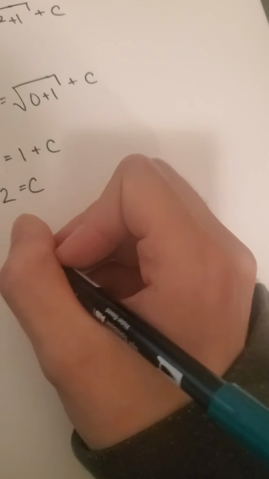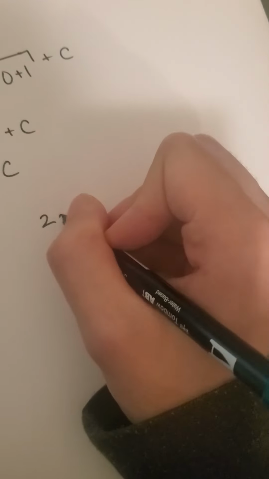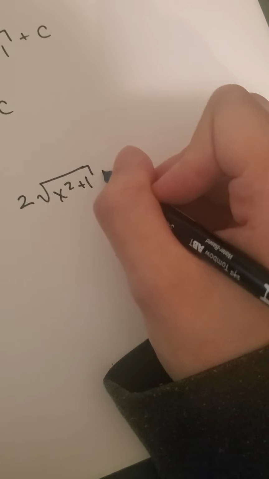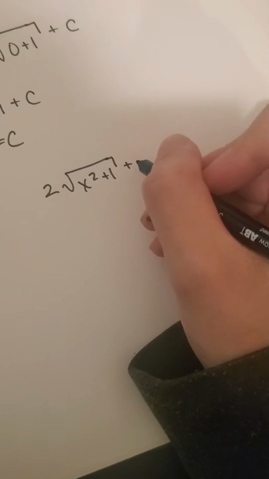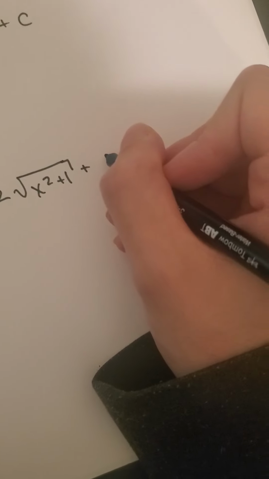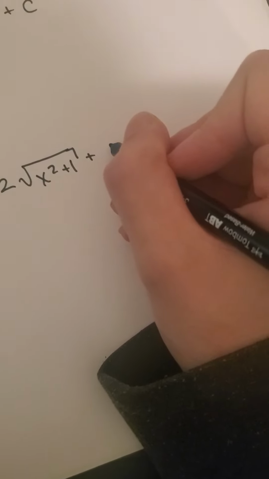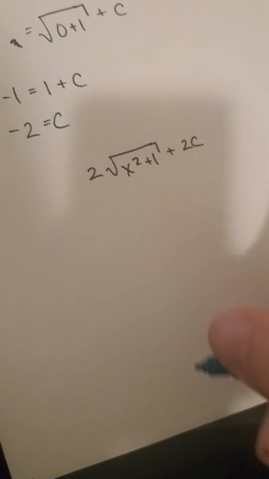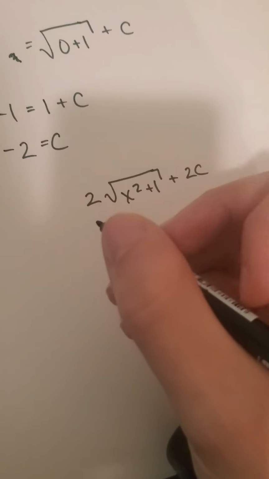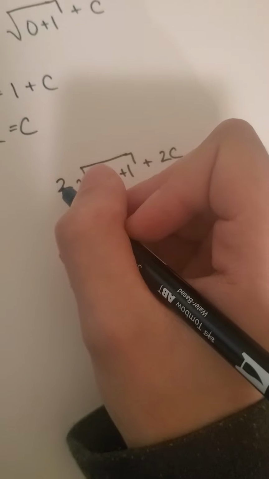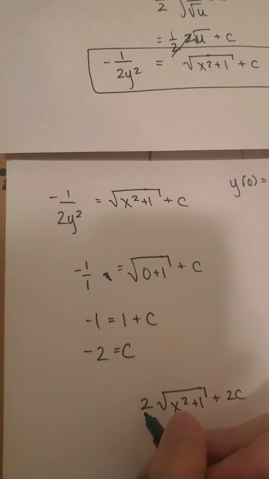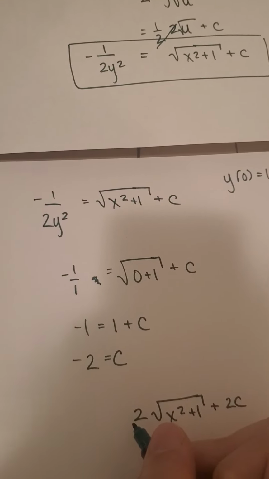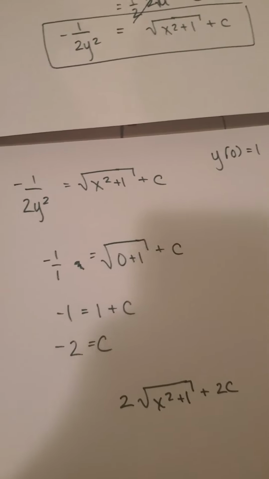And so in our final form of the solution, we can tidy that up a little bit. So we can just do 2 times this whole square root of x squared plus 1 plus, oh, it's going to be plus 2c actually. Yeah, that makes sense. If we want to get rid of that negative 1/2, we should just multiply it by that 2. We distribute the 2.